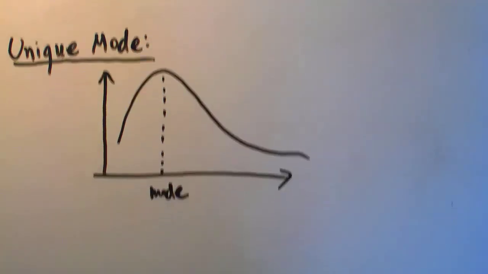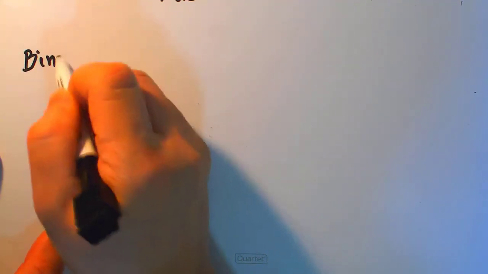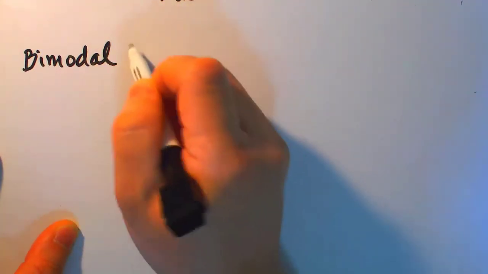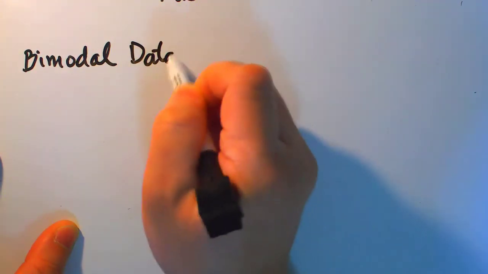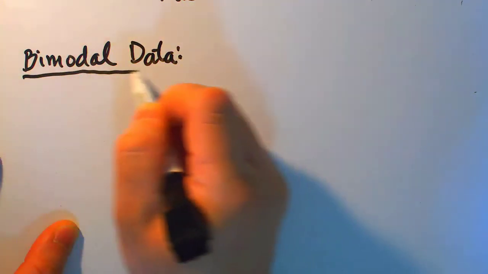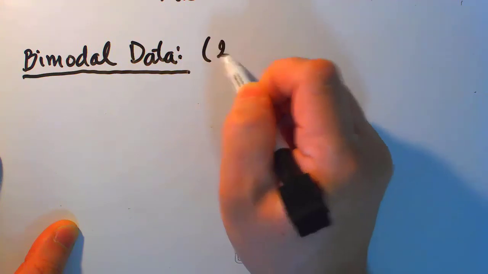Now, in other examples, I was showing that sometimes your data can have more than one mode. So let's say a bimodal data. Remind yourself about the term here: bimodal data means having two modes.